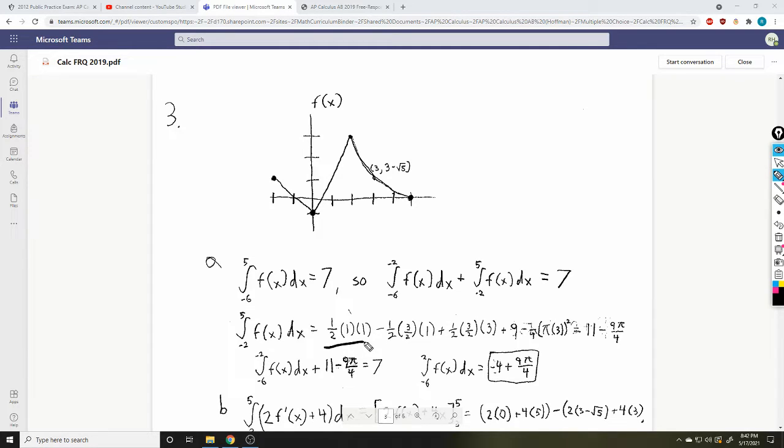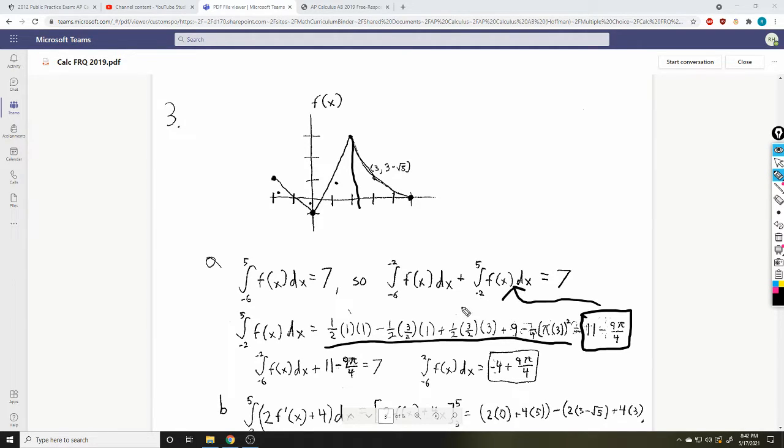So this is me working out all the different areas and combining them together. So that's this little triangle, this little triangle, this little triangle, and then this rectangle minus the quarter circle. And totaling all that up, I get 11 minus 9 pi over 4. Remember that that is my integral from -2 to 5.